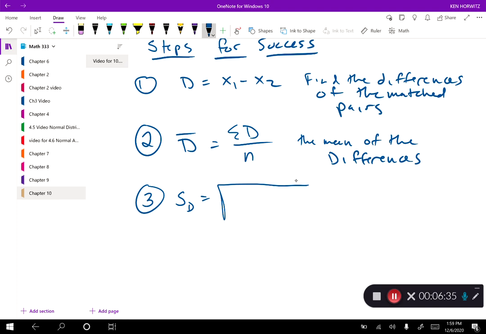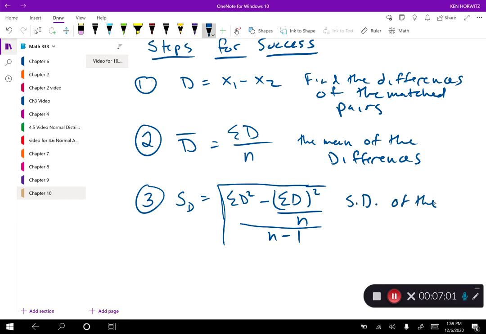So we're going to do the square root of the sum of d squared minus the sum of all the d's squared divided by n, all divided by n minus 1. And that's the standard deviation of the differences.